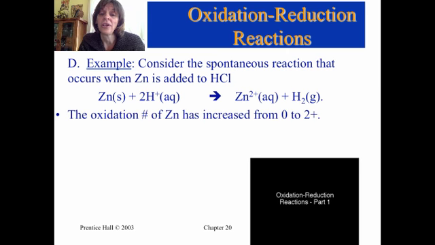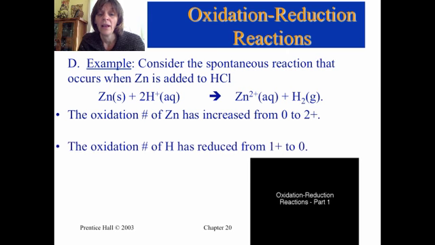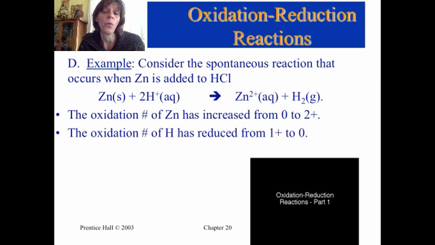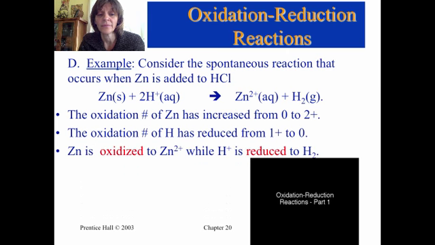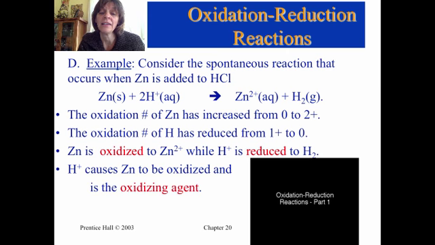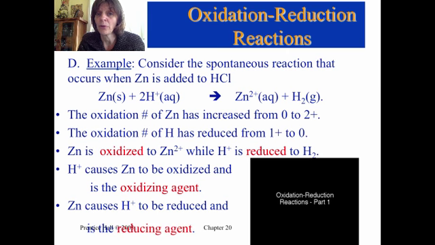The zinc has changed its oxidation number from 0 to +2, and the hydrogen has gone from +1 to 0. Zinc is oxidized because it lost the electrons, and hydrogen is reduced. Hydrogen causes zinc to be oxidized, and therefore you call it the oxidizing agent. Zinc causes hydrogen to be reduced, therefore it's the reducing agent.